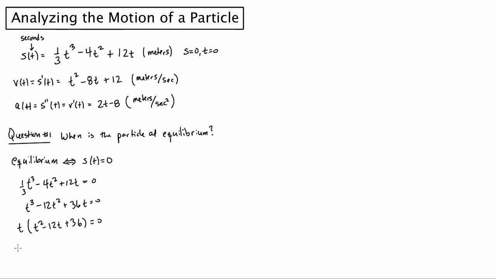Looking at this gives me t equal to 0, and then the other factor is (t minus 6) squared, so the other point we get is at t equal to 6. So there are two different times when the particle is at equilibrium. It starts at equilibrium, which is to be expected, and then 6 seconds later it returns to its starting position. All right? Question number 2.